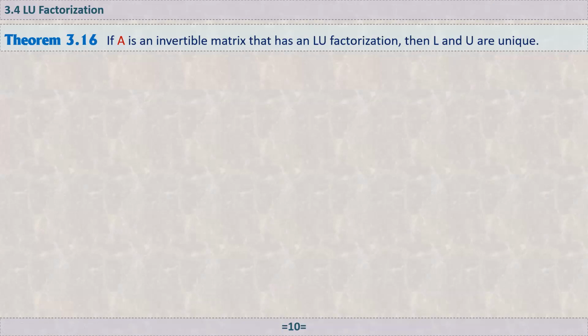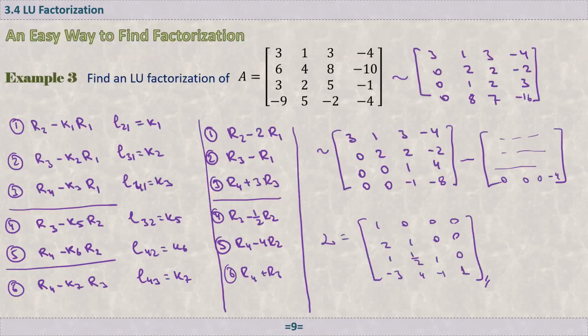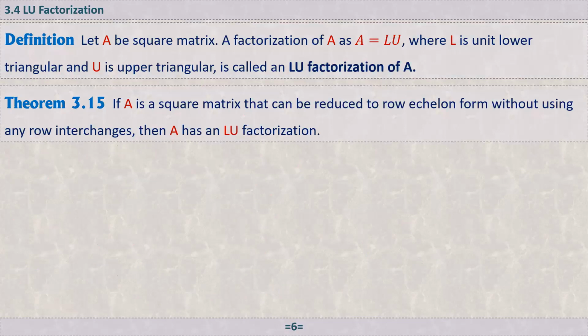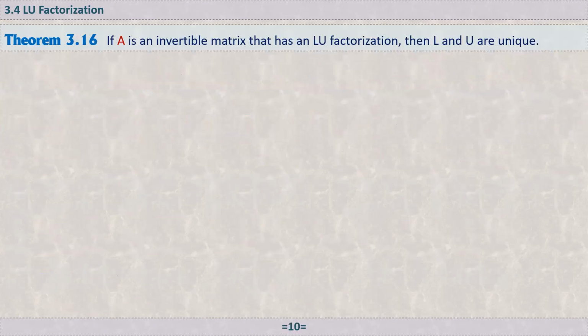When you talk about LU factorization, you have to keep in mind this definition. We are talking about a square matrix. Let A be a square matrix, then a factorization of A as LU, where L is unit lower triangular and U is upper triangular, is called LU factorization of A. So A is a square matrix.